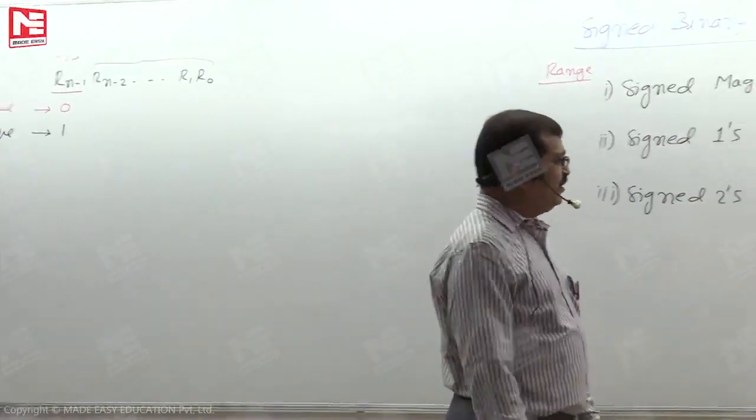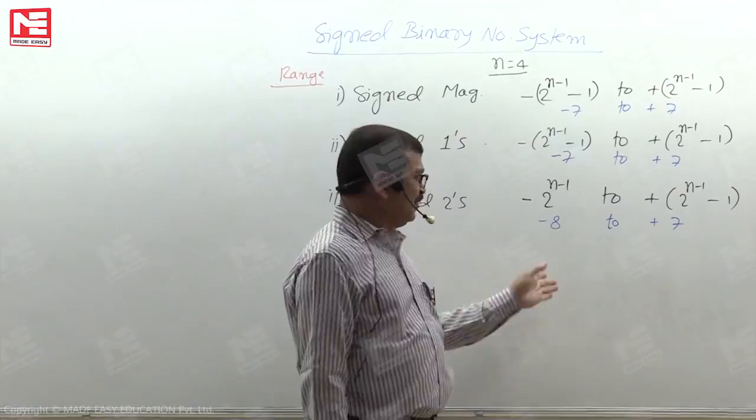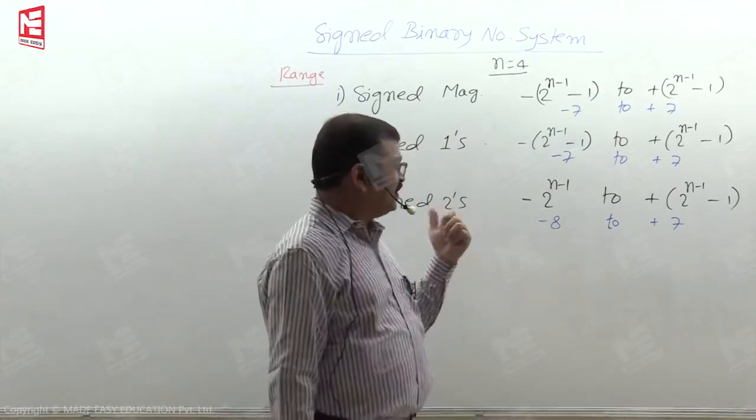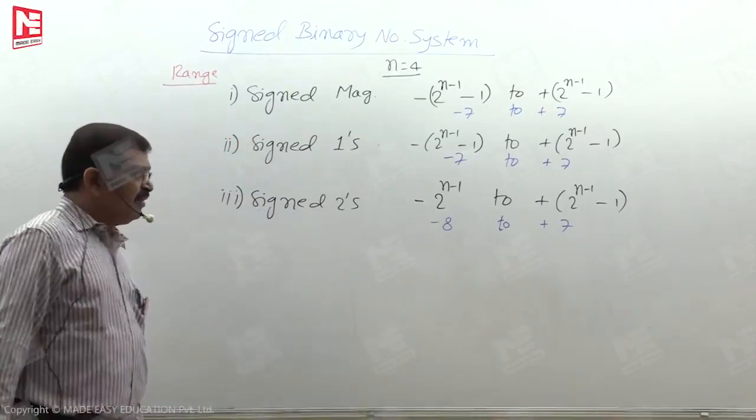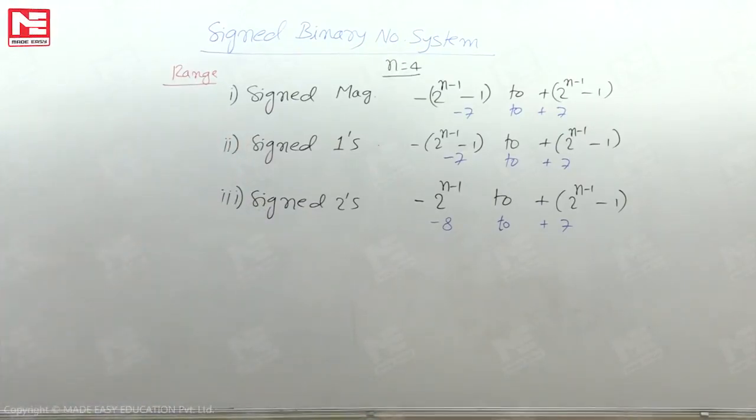To understand how the range comes about, we need to do a little paperwork. Let us consider an example of the 4-bit case. The register bits are R3, R2, R1, R0.